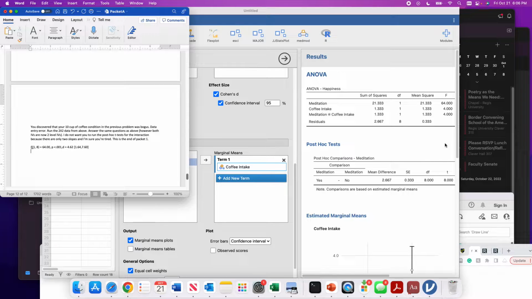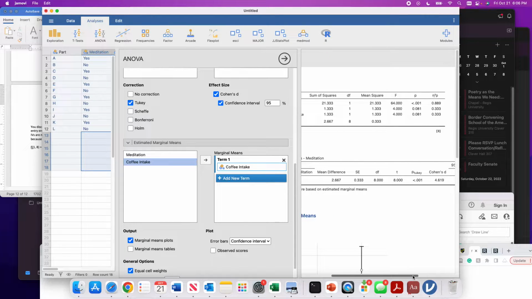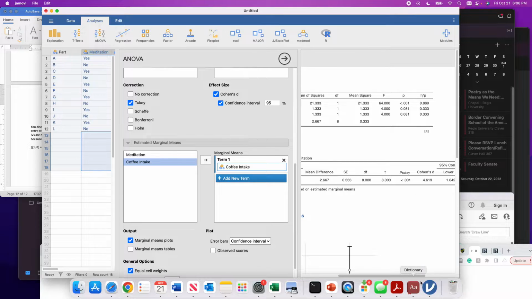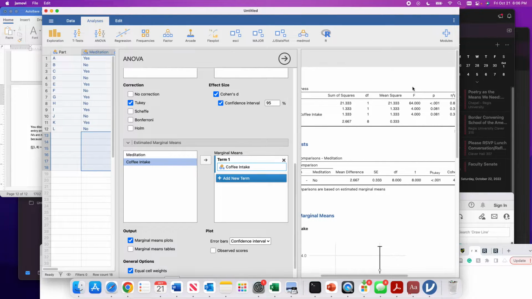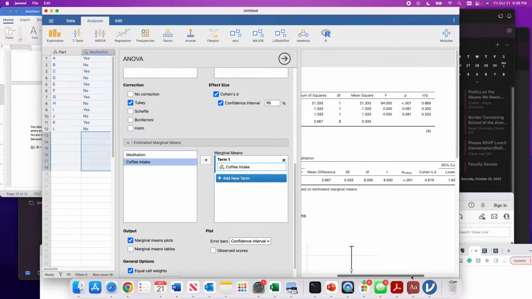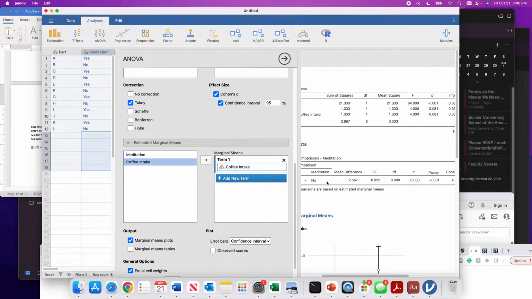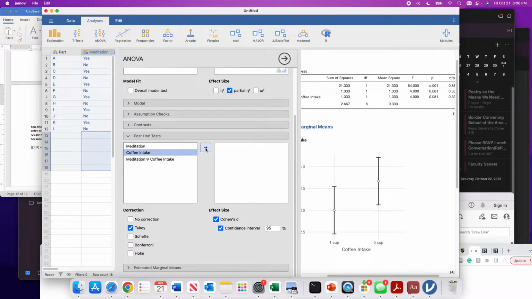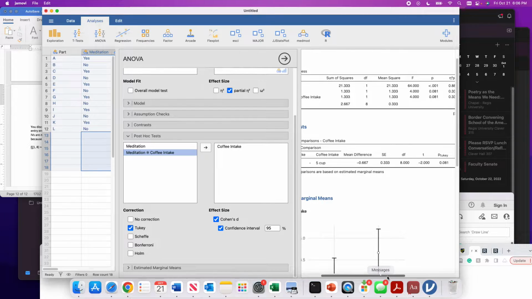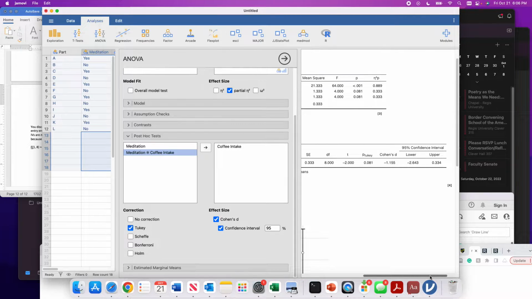The main effect of coffee is not significant. So we have a non-significant effect. The F statistic is 4 with 1 and 8 degrees of freedom. The p-value is 0.081. And we now need the 95% confidence interval of Cohen's d, which we'll get with the post hocs for coffee intake. So much easier than the 3 level, right?